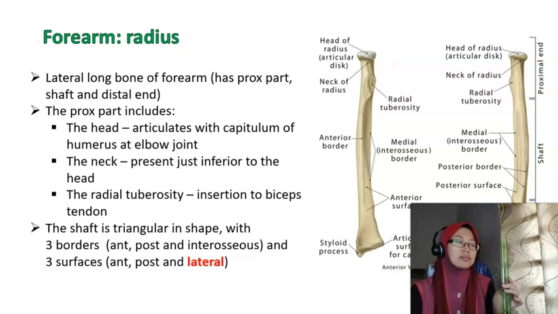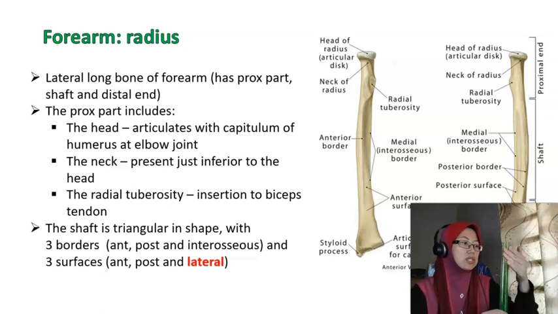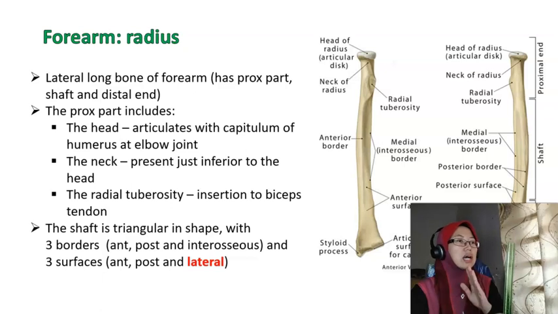And it has 3 surfaces, which are anterior, posterior, and lateral surface. As compared to ulna, ulna has a medial surface because ulna is located medially.